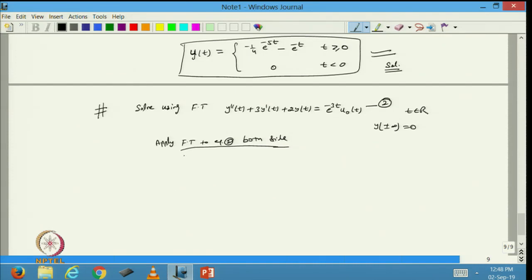Now, the same way I can find, so let my Fourier transformation of the function y t be y hat t, or y hat omega.